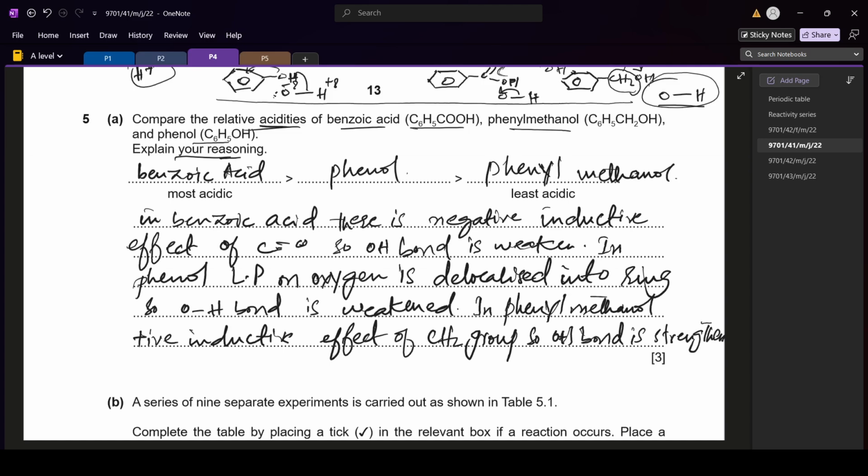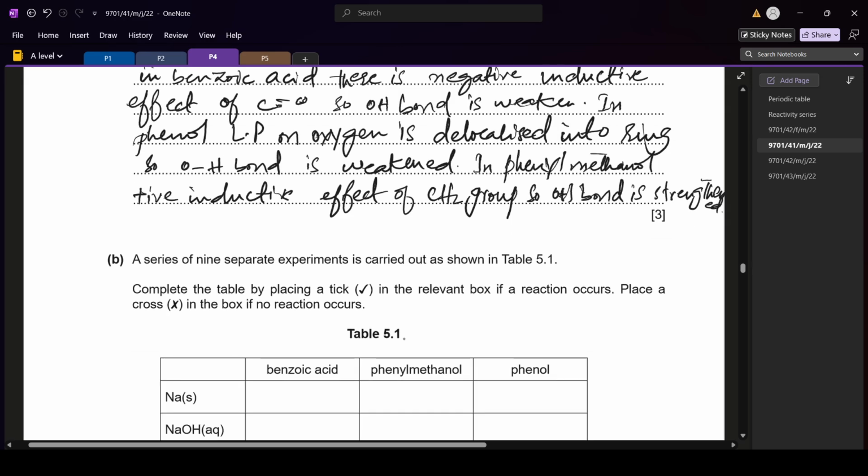Each explanation has 1 mark, so you will get a total of 3 marks.